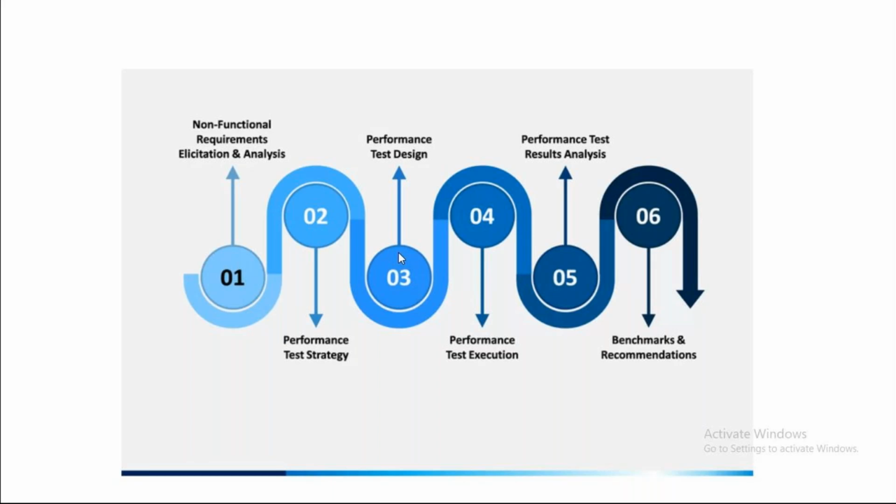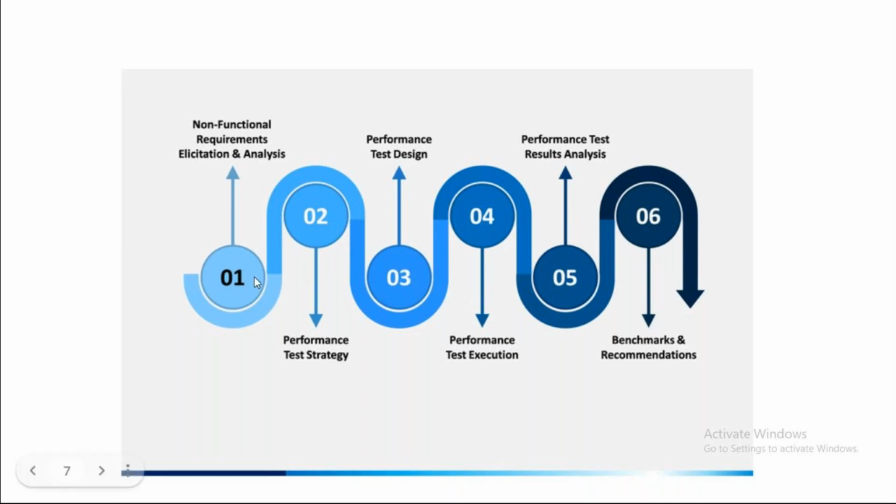Then performance test execution, executing these scripts. We saw a load test and endurance test; those tests will be performed here. Once the test execution is completed, we will do test results analysis and report creation. After that, we will provide our recommendation if we see any degradation.